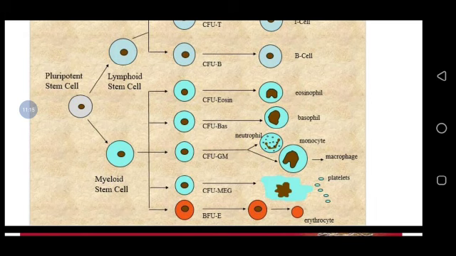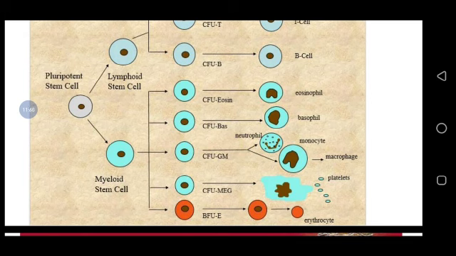Also, in the myeloid stem cell, at the very bottom, that is what we were saying gives us a basophilic erythroblast, which is an immature blood cell.